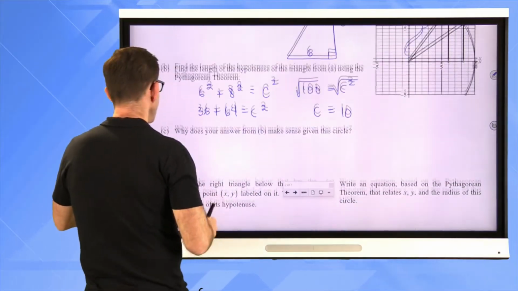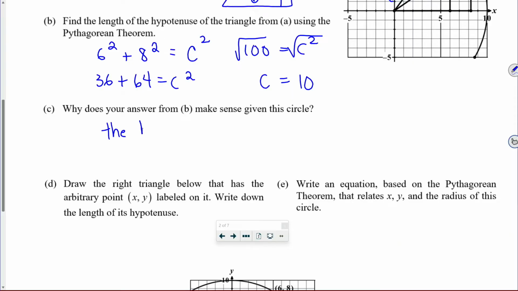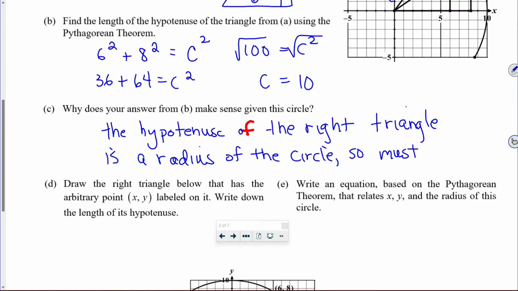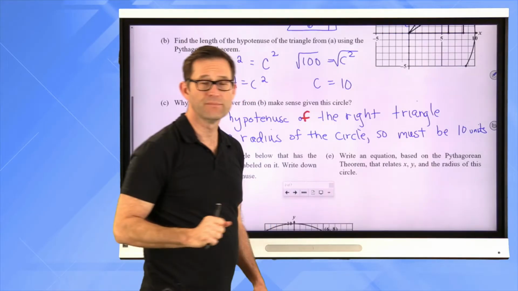So the hypotenuse of the right triangle is a radius of the circle, so it must be 10 units. We were told it was 10.